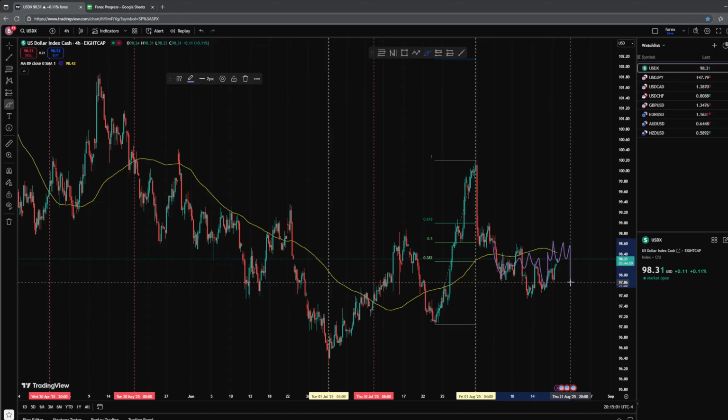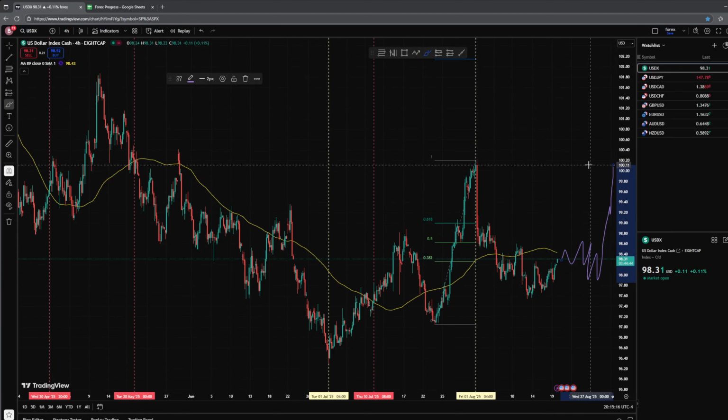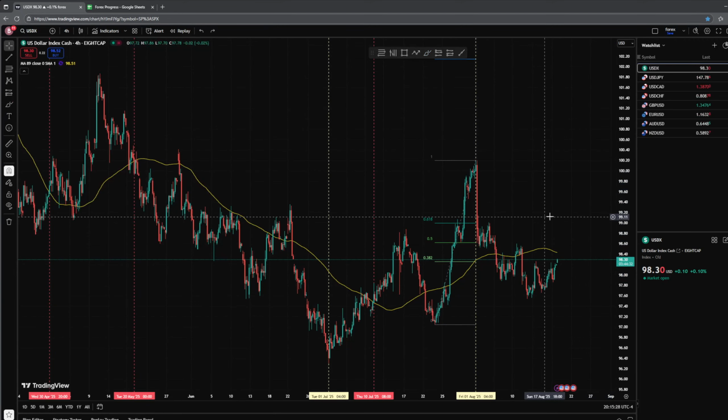In other words, in the next several days the market could be hanging out near the yellow moving average line, but eventually it should return to the original trend and continue to go up. But still, technically speaking, the trend is still up and it's good to look for opportunities to buy USD.